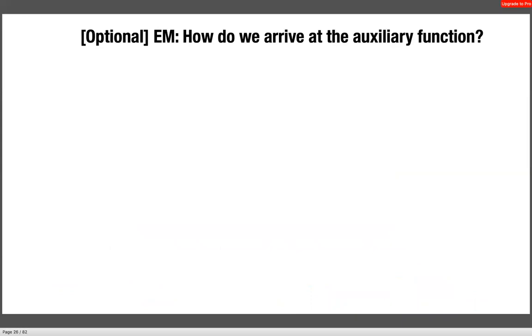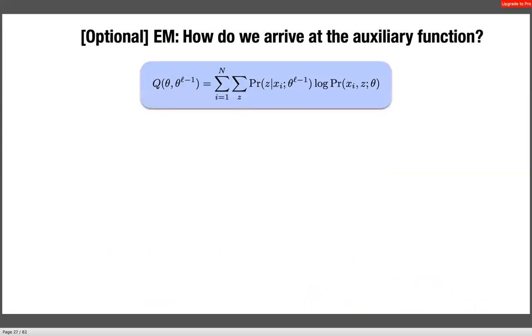If you're happy to just accept that the auxiliary function, which I showed you in the previous slide, is upper bounded by the log likelihood, which you truly care about, and you don't care about the details, you can skip through this. But for those who are interested, how do we arrive at this auxiliary function? Let's start with the log likelihood, which is what we truly want to optimize.